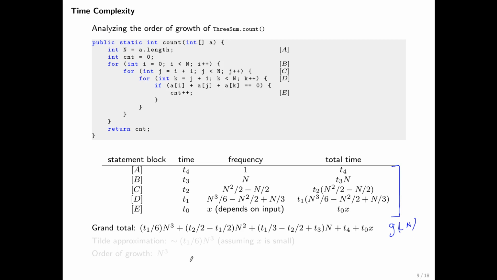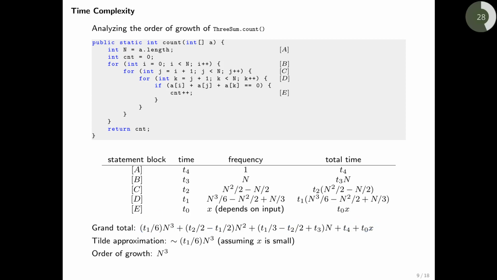But now we're going to use our tilde approximation idea and drop all the lower order terms. So drop that, drop that, drop that, and drop that, and what we get is the tilde approximation of g of n. It's just the leading term that matters, assuming that x is fairly small.